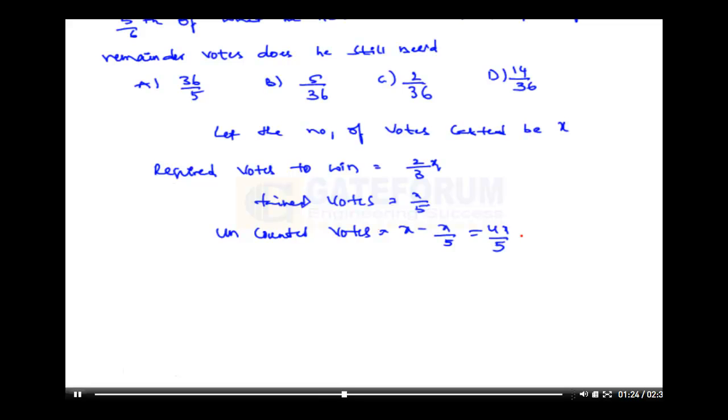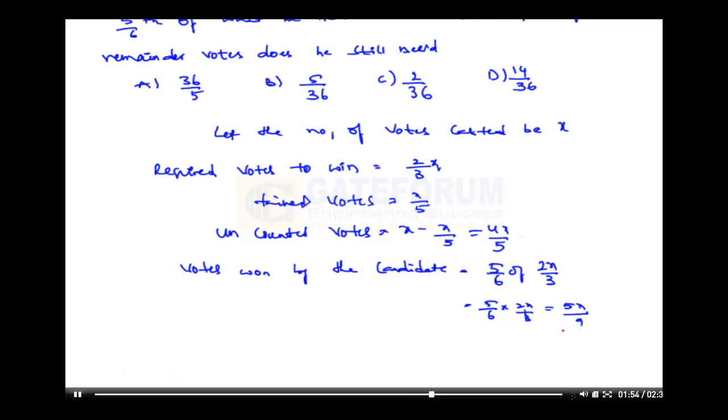Now the candidate already got 5/6 of the votes he needs. So the votes won by the candidate is 5/6 of 2X by 3, which is 5 by 6 into 2X by 3, that is 5X by 9.